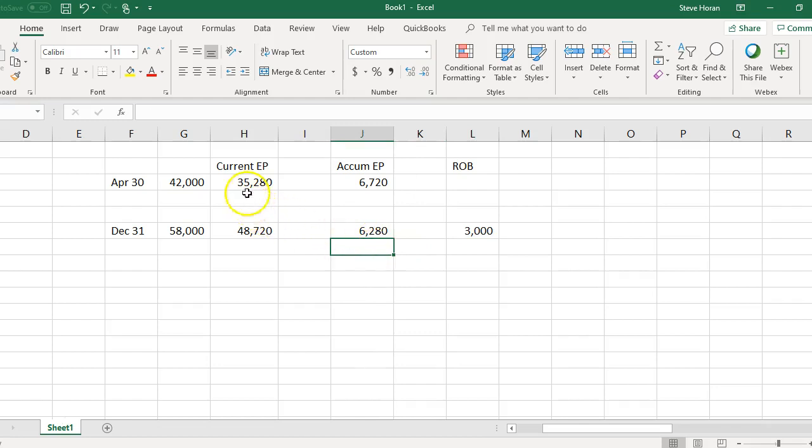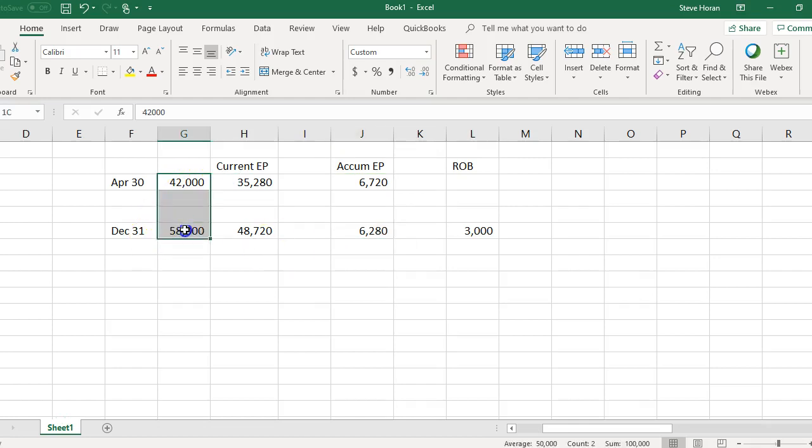Okay, because keep in mind the sum of the current can only be 84,000, and that's what this is. If I total these two up, I get 84,000. The sum of my accumulated can only be 13,000, because that's what they told me I had. And so I've now done a distribution above and beyond that, because I did a distribution of $100,000.